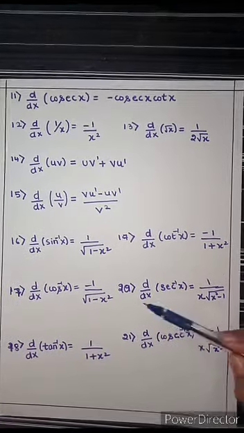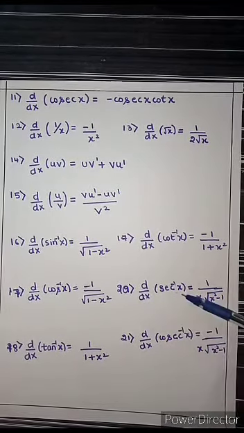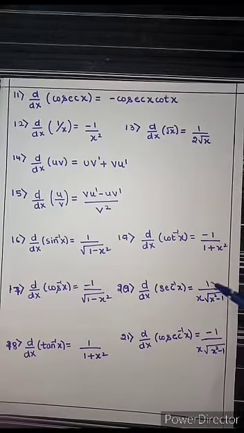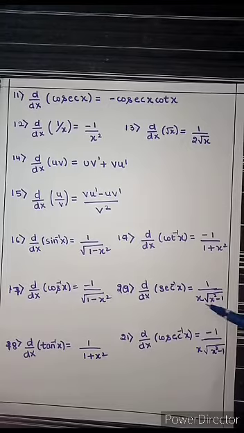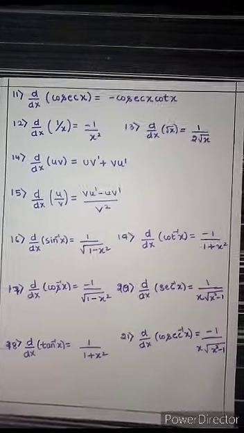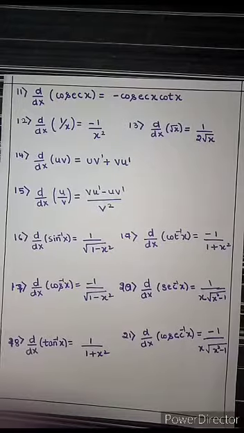Okay, the 20th formula is derivative of secant inverse x, that is 1 over x into root of x square minus 1. You need to learn by heart the derivative of secant inverse x.